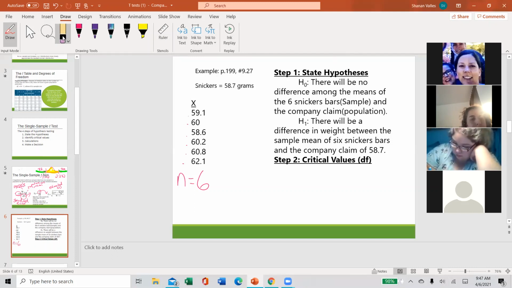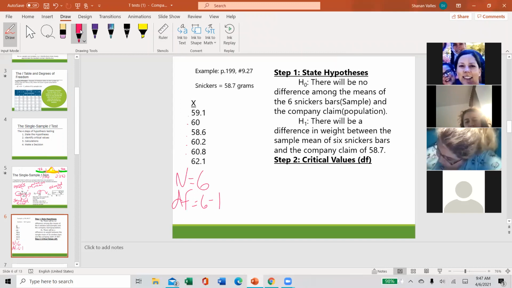It really doesn't matter, N is n at this point. So degrees of freedom would be what? Oh wait, so it's how many there are? I thought it was adding up all the data. No, that's all right.